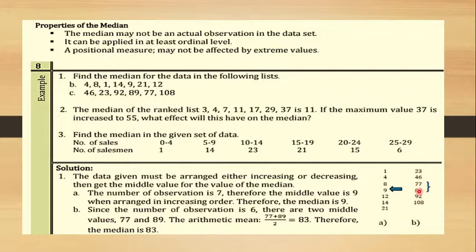Just add the two values, which is 77 plus 89, and divide by 2. So, 83. Therefore, the median is 83. So, ina-average lang. Add, and then divide by 2. So, yun yung median.